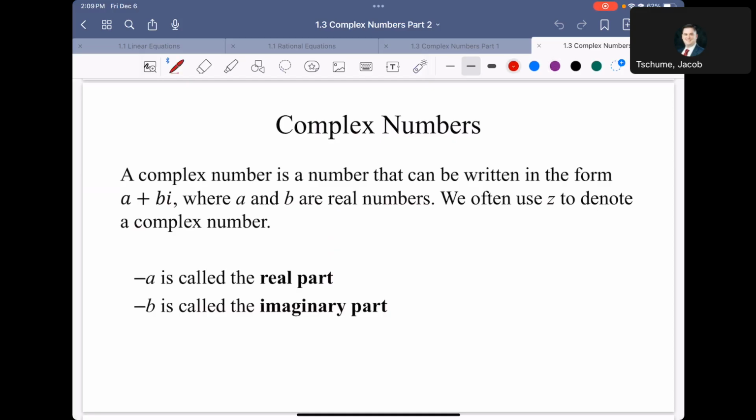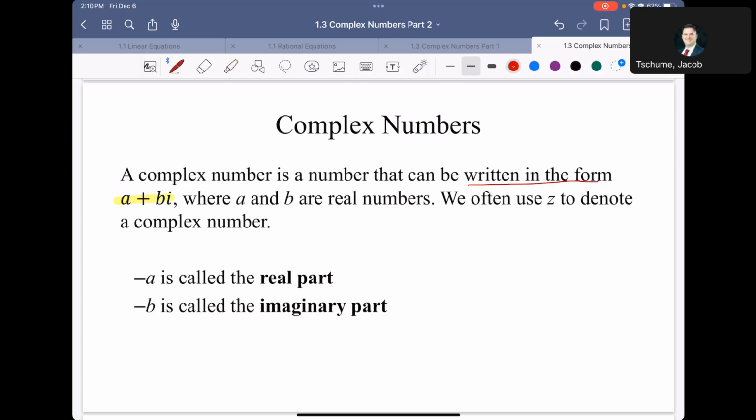So from our definition here, a complex number is a number that can be written in the following form. We will write all of our complex numbers in the form a plus bi. Now, that formula is a little bit misleading in that you can have negative numbers. The general form looks positive, but it's okay if you get some negative values.